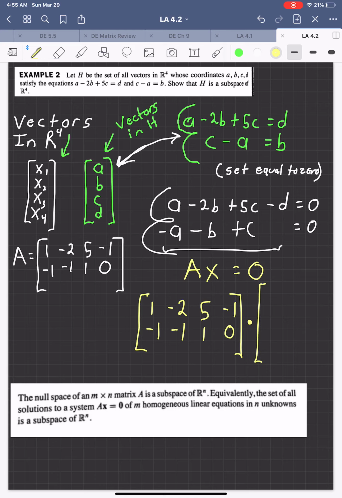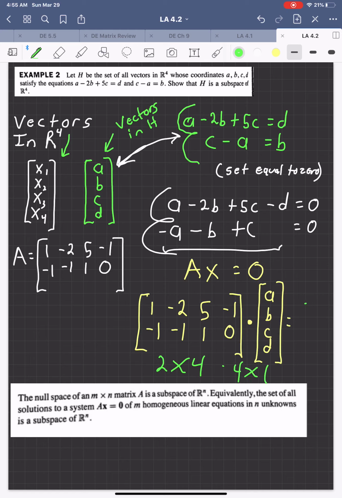Now remember, all the vectors in H take on the form A, B, C, D. Now that's got to be equal to the 0 vector. So let's identify: start with matrix A. This is a 2 by 4. And this is a 4 by 1. So the 0 is going to be a 2 by 1. So this is a 0, 0.